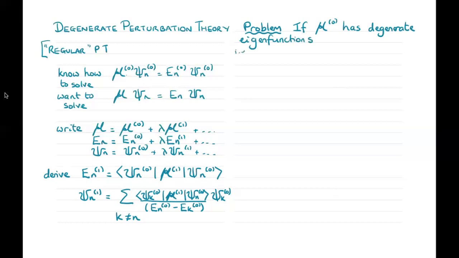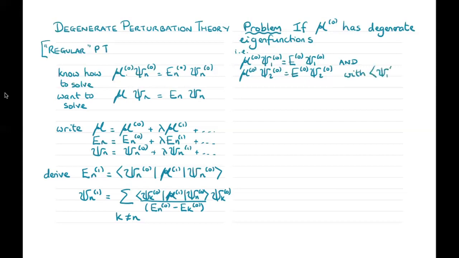And what we mean by that is that H0 on psi 1 of 0, say, is equal to E0 psi 1 of 0, and H0 acting on psi 2 of 0, say, is equal to the same energy E0 times psi 2 of 0, for the case when psi 1 of 0 and psi 2 of 0 can be chosen to be orthogonal.